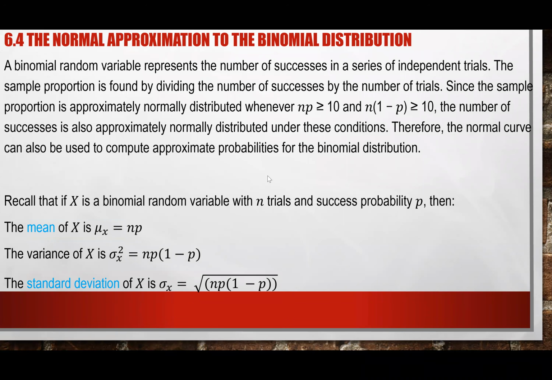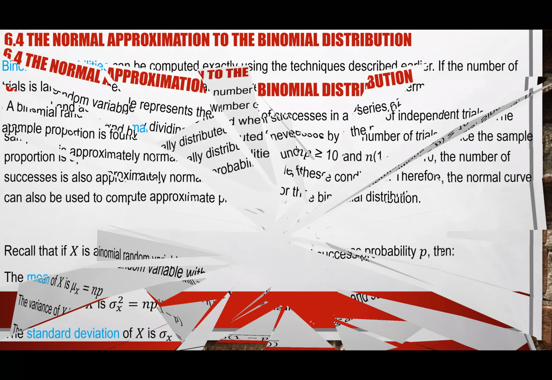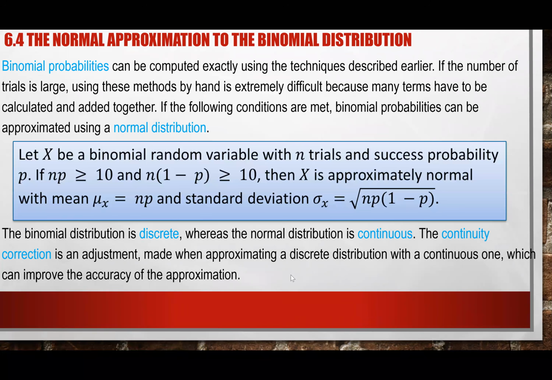Going back to the criteria we mentioned, the binomial distribution is discrete, while the normal distribution is continuous. So in order to use the normal to approximate the binomial, we need to do one extra thing: we need to adjust our endpoint.